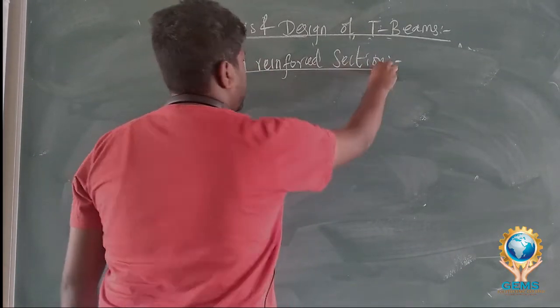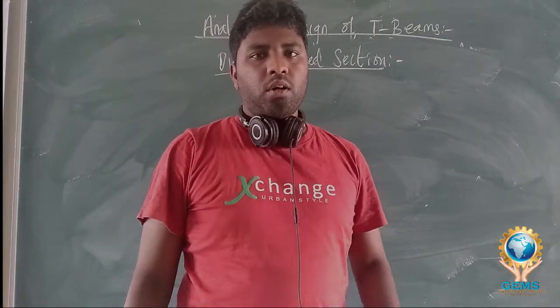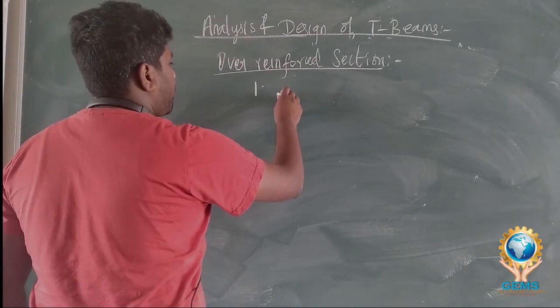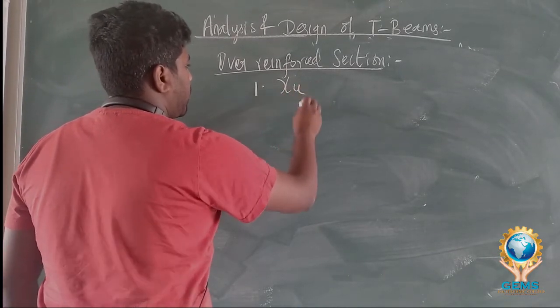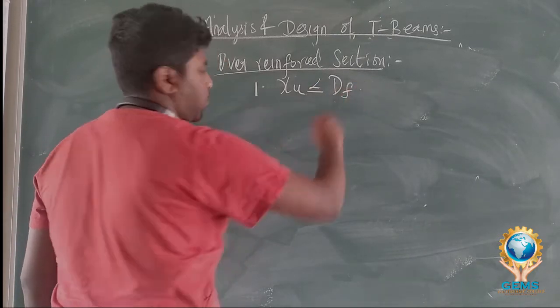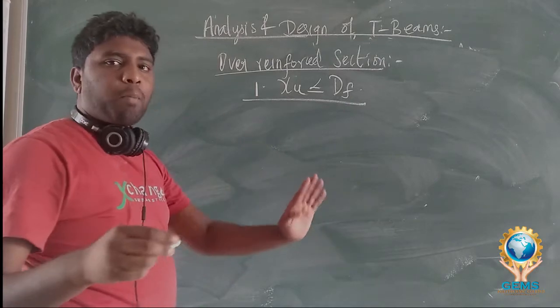Likewise, in the over reinforced section, as in the under reinforced section, there are two cases. The first case is if XU is less than or equal to DF. For case 1, it's very easy, the same common procedure.